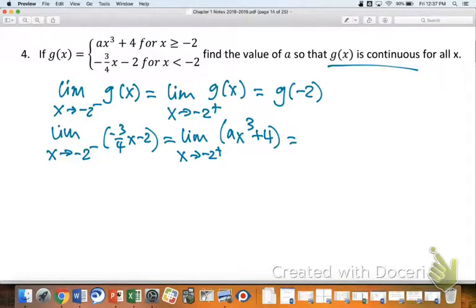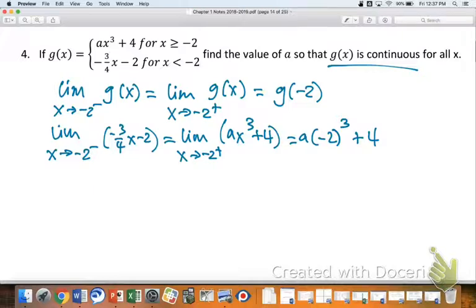And which of the two pieces actually contains g of negative 2? The cubic or the line? Cubic. The cubic has it, yep. So this would be a times negative 2 cubed plus 4. We're going to find that that last piece is going to be redundant here in a second, so that'll drop off. Still making sense? I just adapted it to my specific pieces here.